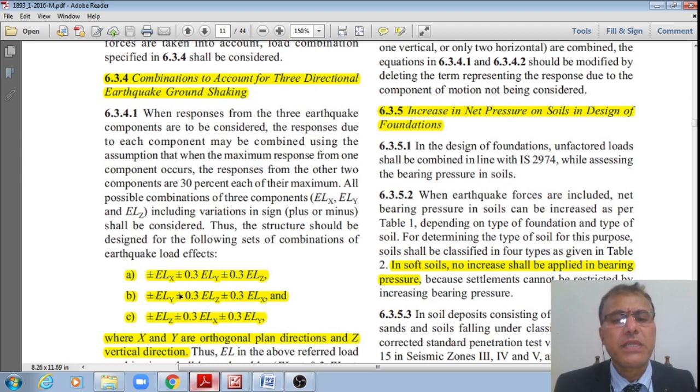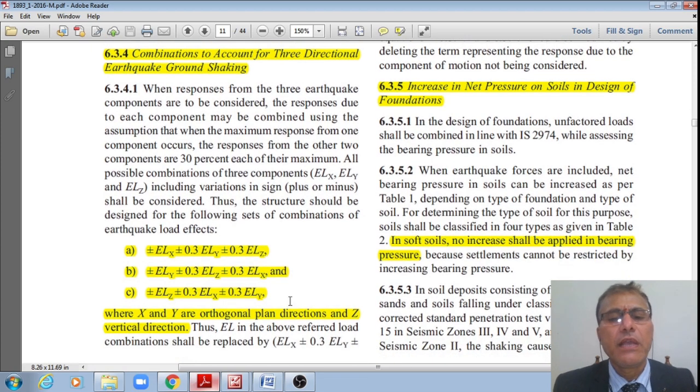One: plus or minus ELX plus or minus 30% of ELY plus or minus 30% of ELZ. Now cyclically you just rotate ELX, ELY, ELZ. That is plus or minus ELY plus or minus 30% of ELZ plus or minus 30% of ELX, and ELZ plus or minus 30% of ELX plus or minus 30% of ELY.